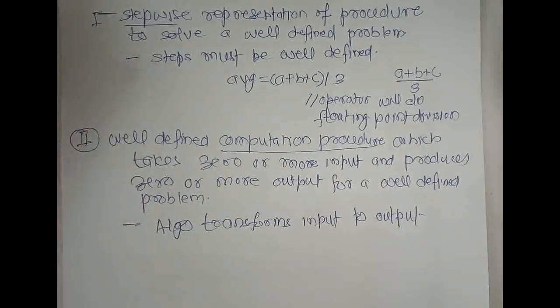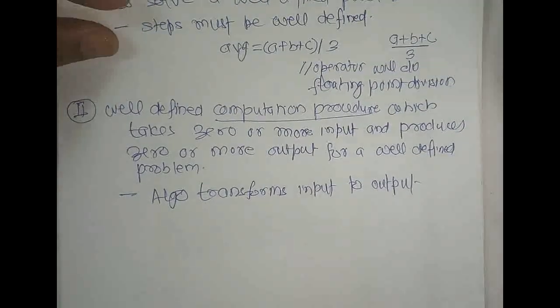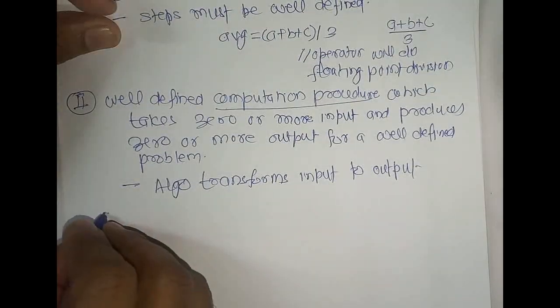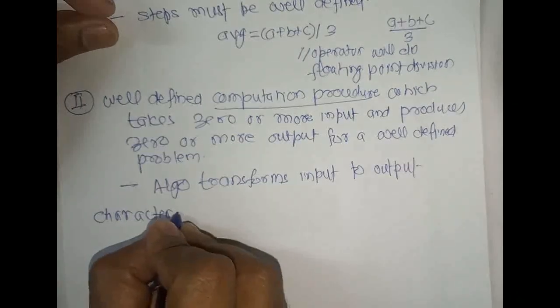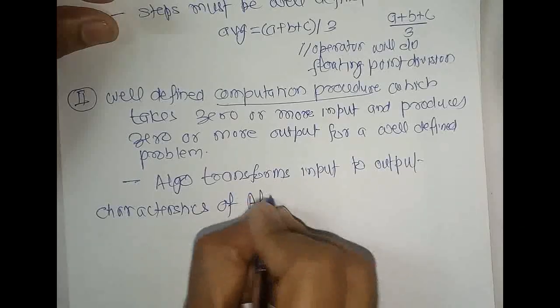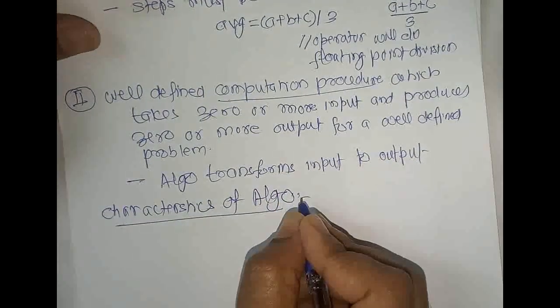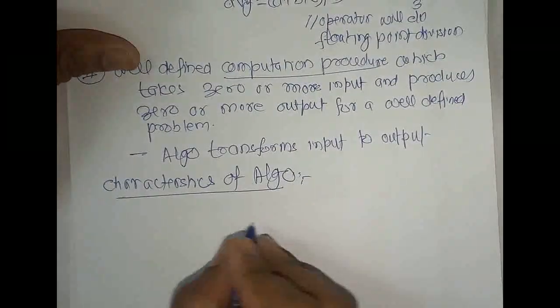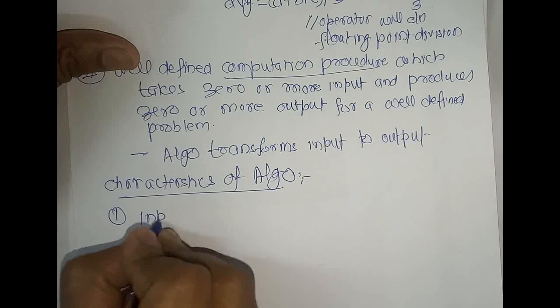Now we will understand some important characteristics of an algorithm. So what are some important characteristics? First characteristic is input.